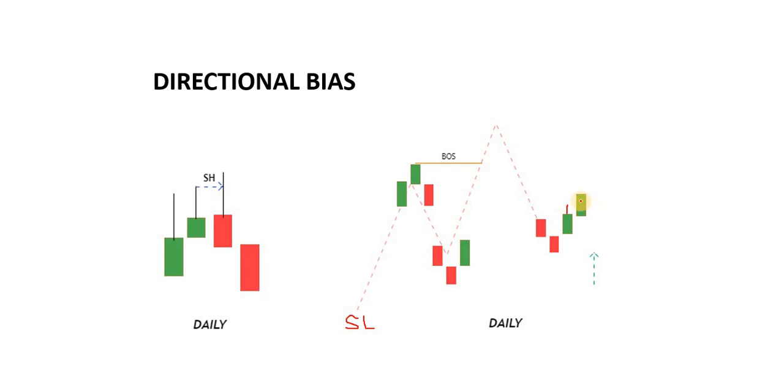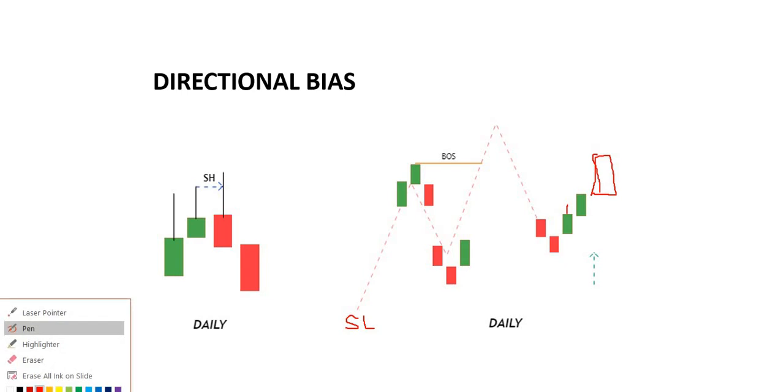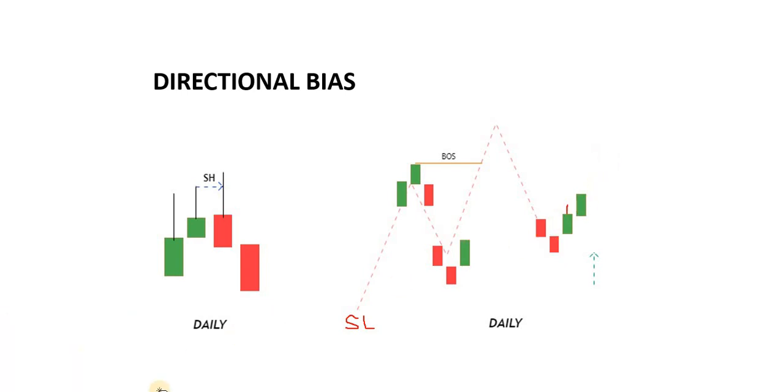You wait for the fourth candle to trade above this third candle high. If that happens, then you can expect the next candle, which is the fifth candle, to be an up close candle or a bullish candle. Okay, and expect the fifth candle to be what?